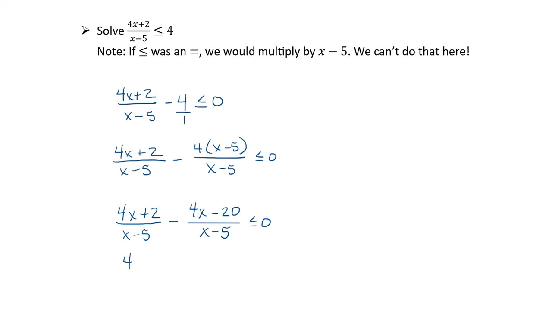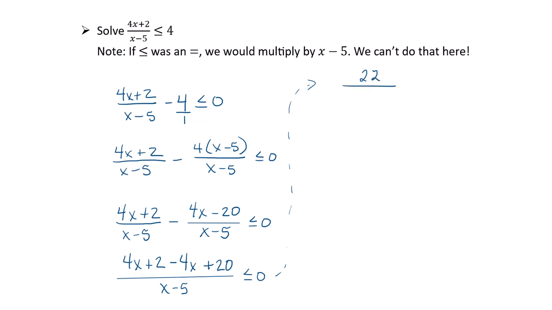So be careful here. 4x plus 2, I'm subtracting 4x, but I'm also subtracting a negative 20, and that's all over x minus 5, which is less than or equal to 0. Let's see where we can go from here. Simplifying, I get 22 over x minus 5 is less than or equal to 0.